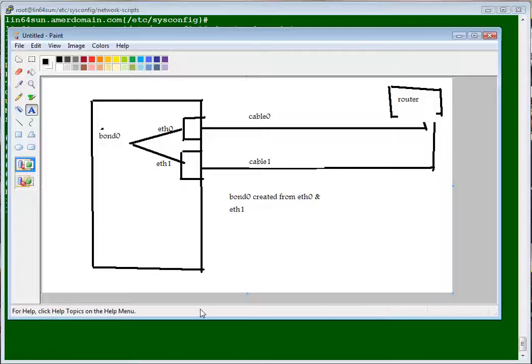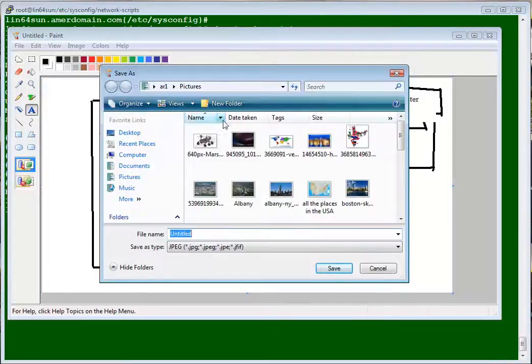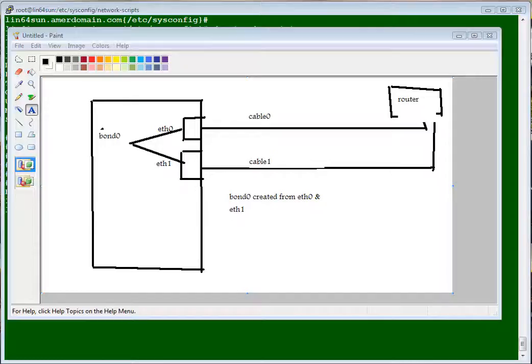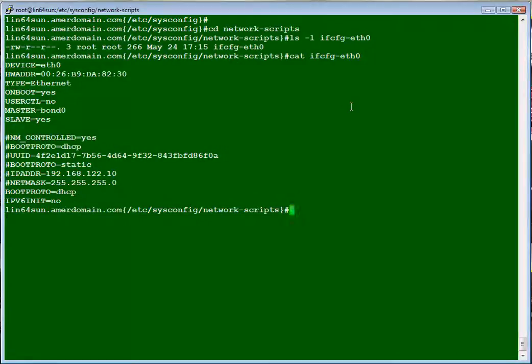Okay, so now let me save this file. This is my bond configuration file, bond 0.